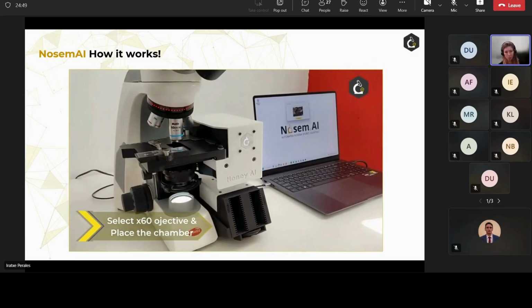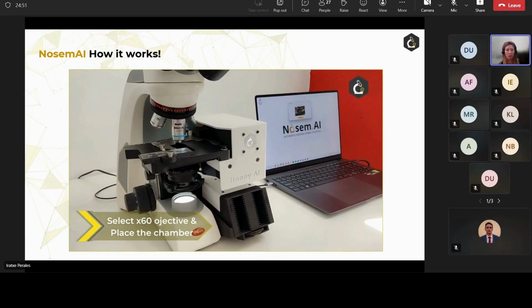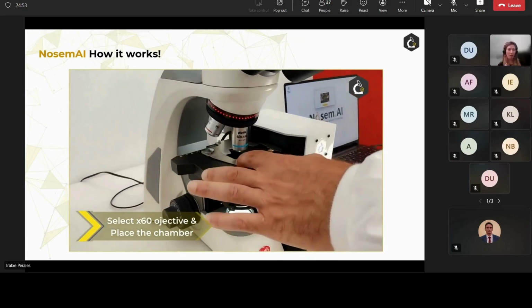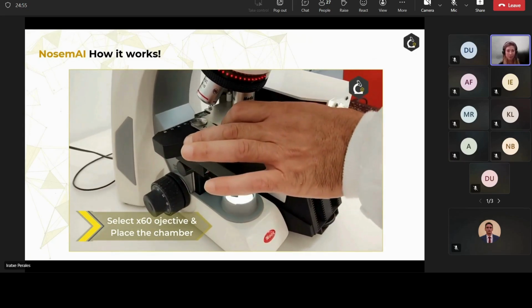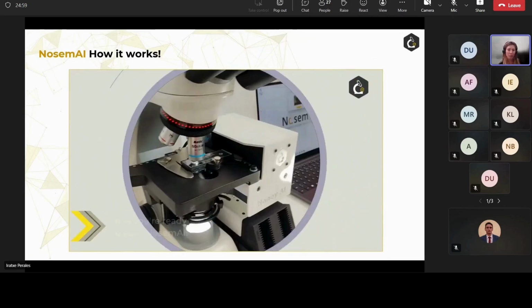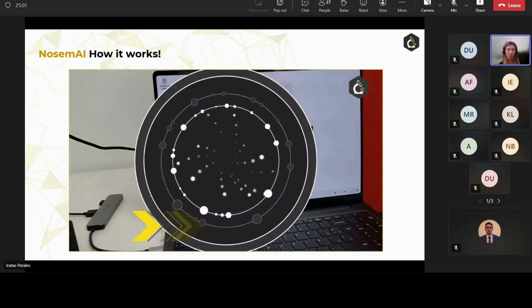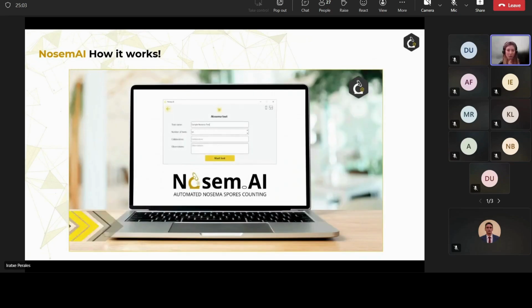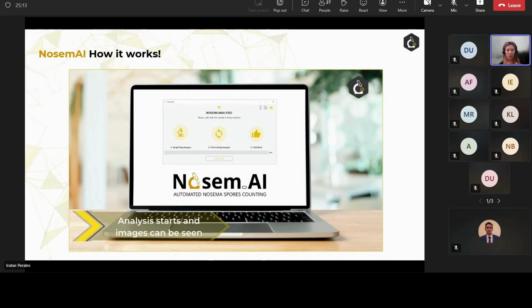The microscope is connected with the app, and once it is correctly placed in the holder, then the app can start, and the user can include the information about the type of test, observations, and whatever you want to include about sample origin, and then the user can start the test.